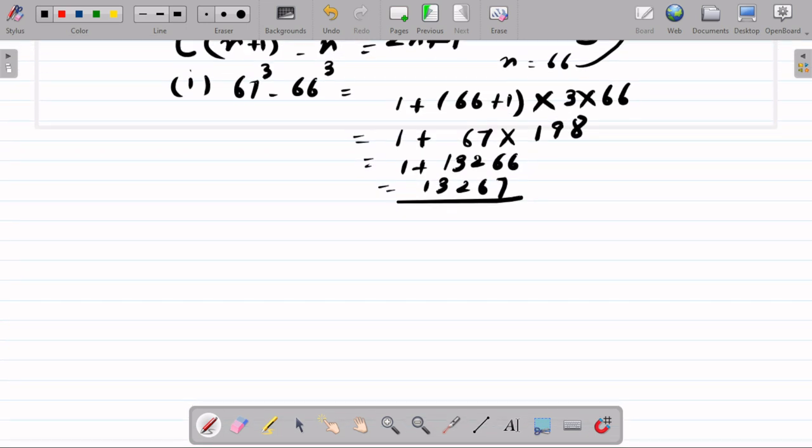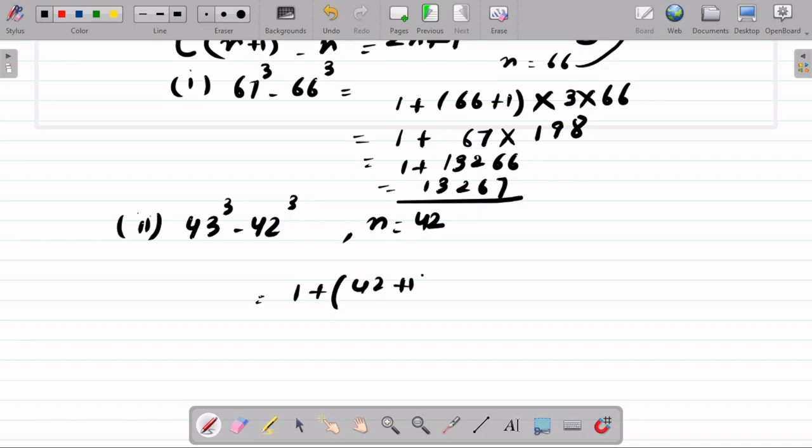Like in the next one, the second one, we have 43 cube minus 42 cube. Here the value of n is 42. It is 1 plus (42 plus 1) into 3n, that is 3 into 42.